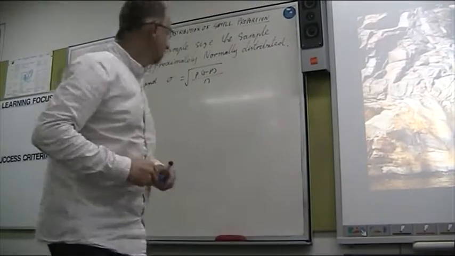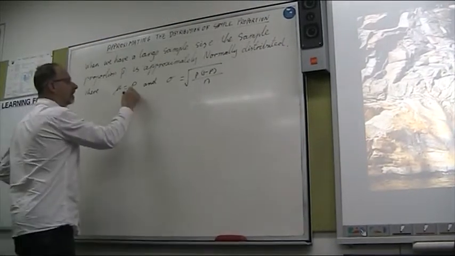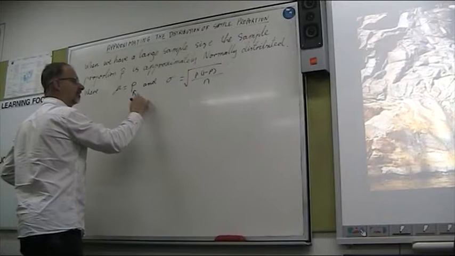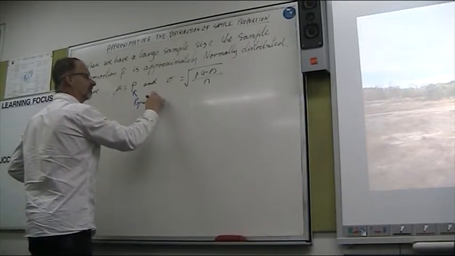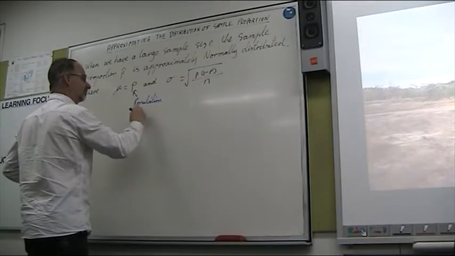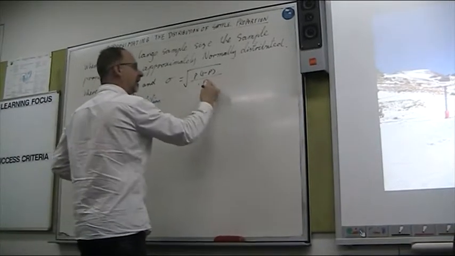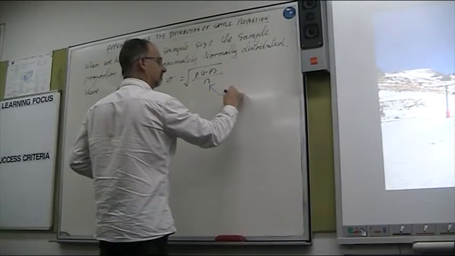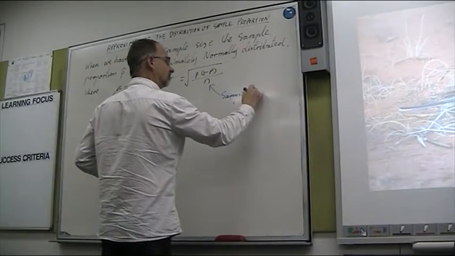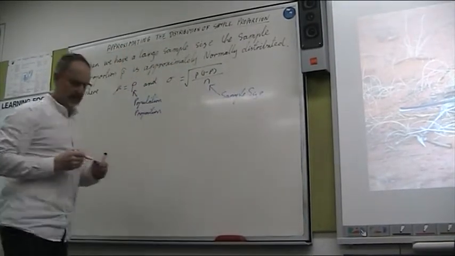Remember P is the population proportion, and n is our sample size.